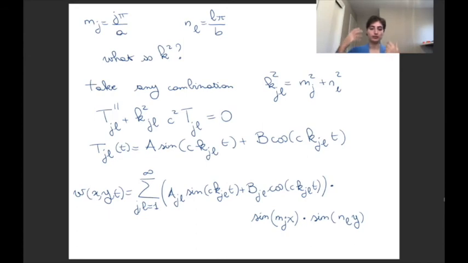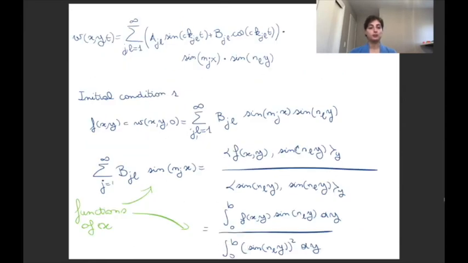And this box depending on y and box depending on x determine the box depending on t, that is A_jl sin(c k_jl t) plus B_jl times the cosine of the same thing. So once you fix j and you fix l, you have fixed all the terms in this box.